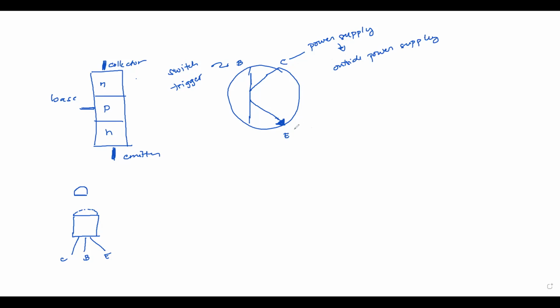And then your E here, your emitter, is usually connected to the load. Again, your base is your trigger. Your C is your power supply. Like I said, this is usually an outside power supply or an extra power supply. And your emitter is connected to your load. This is how your transistors are connected.